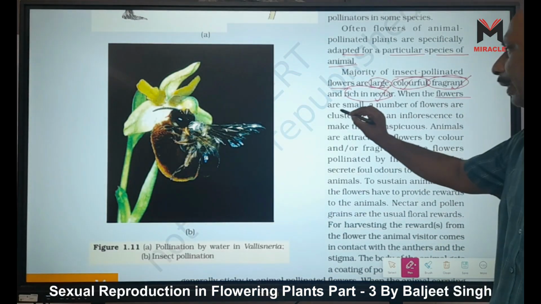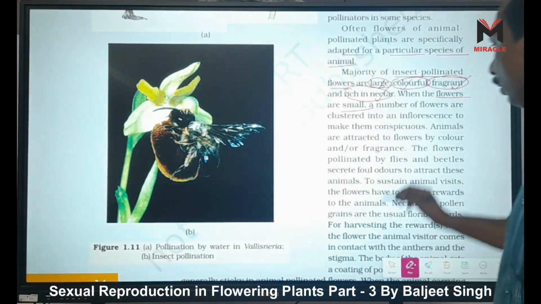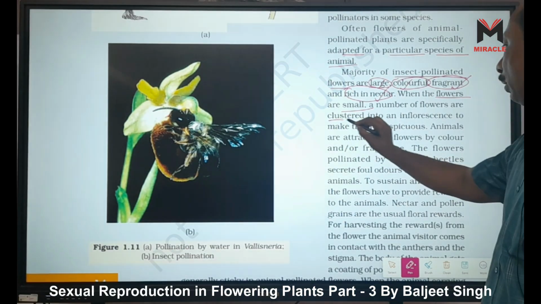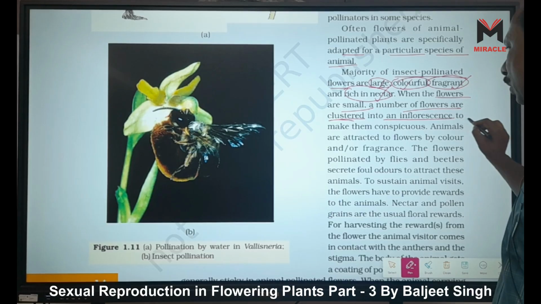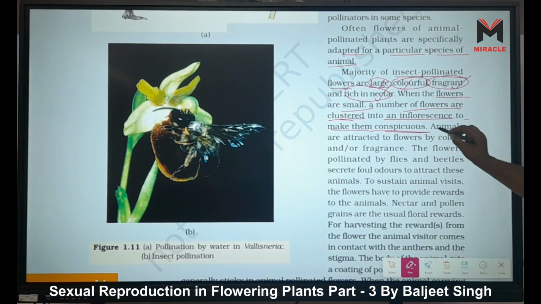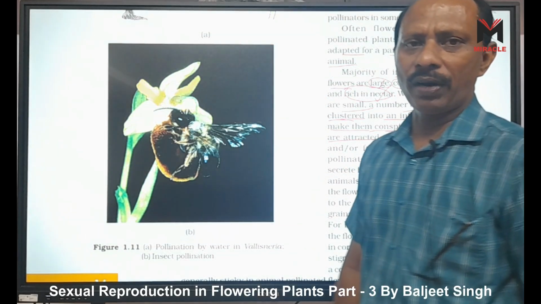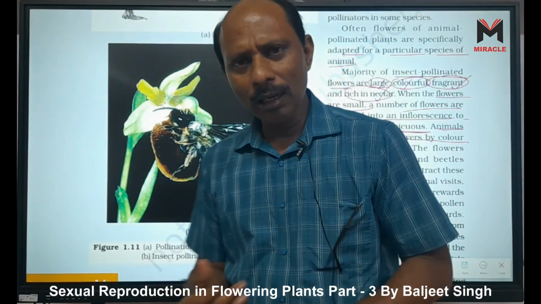When the flowers are small, they are present in clusters, right? So small flowers are present in clusters in an inflorescence to make them conspicuous, right? Animals are attracted to flowers by color or by fragrance. These 2 things are for attraction, that is color or fragrance.